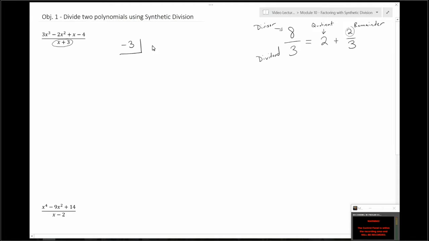Now here, we're going to write the coefficients of the polynomial we want to divide. So we're trying to divide this polynomial, we have these numbers associated to it, by some other polynomial. We have that associated to the 0.